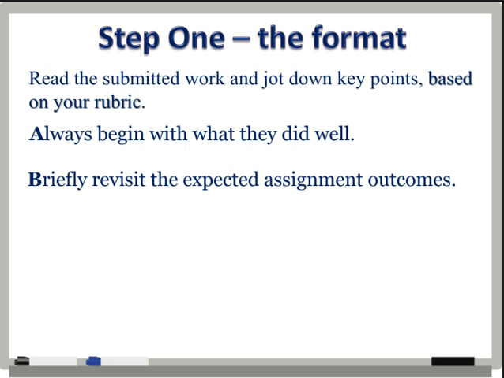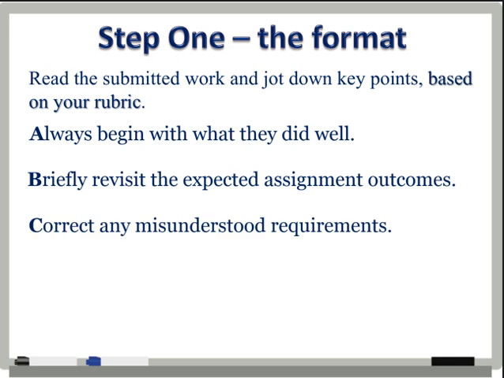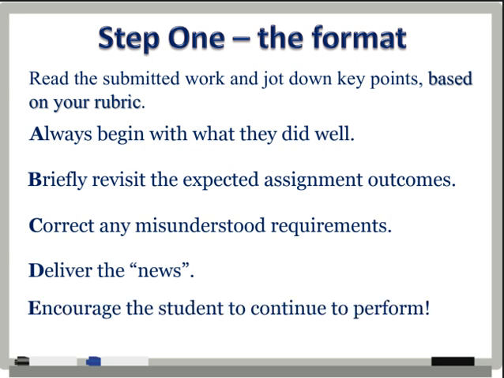So if you were vague or unspecific as to the word count, or the tense that was supposed to be applied in this particular writing assignment, then you can clear that up very, very quickly in the MoveNote. And then, second to finally, you want to deliver the news. Did they do well? Did they not do well? What was the overall outcome of their writing assessment? And then the last piece of it, of course, is to encourage them to continue to perform well.